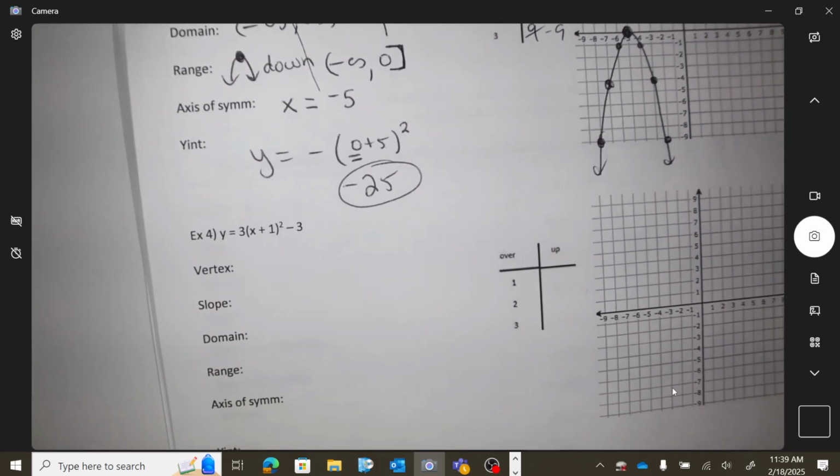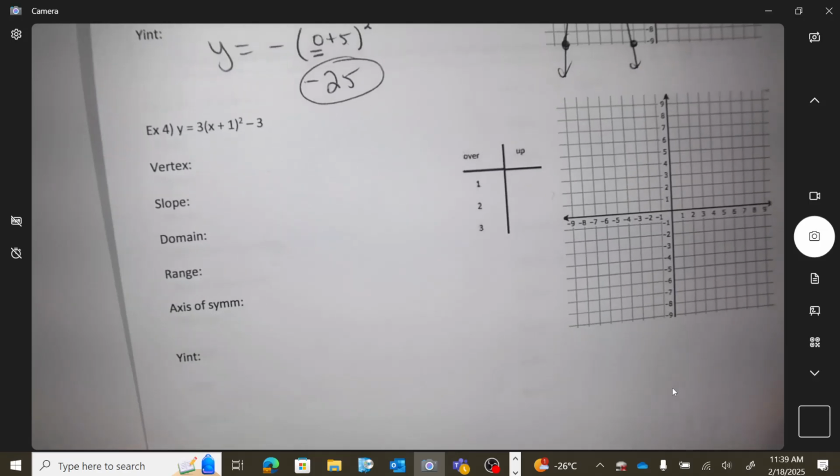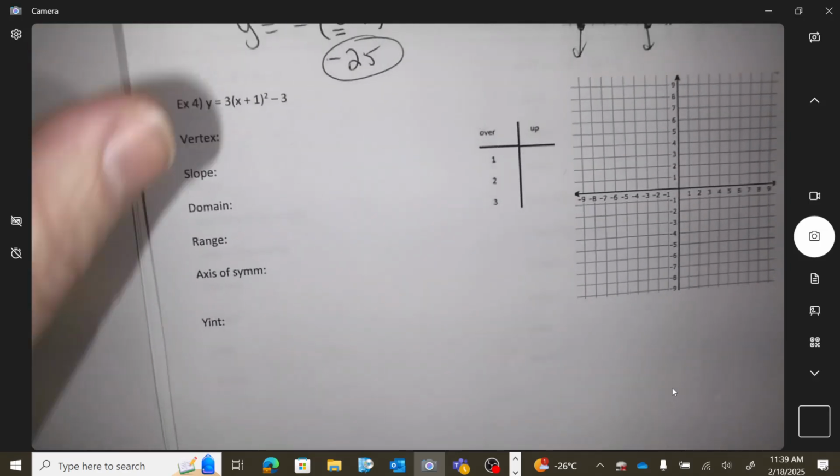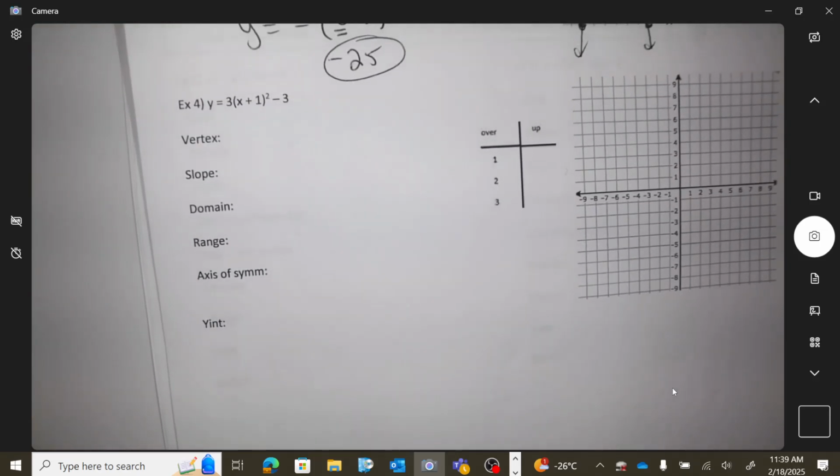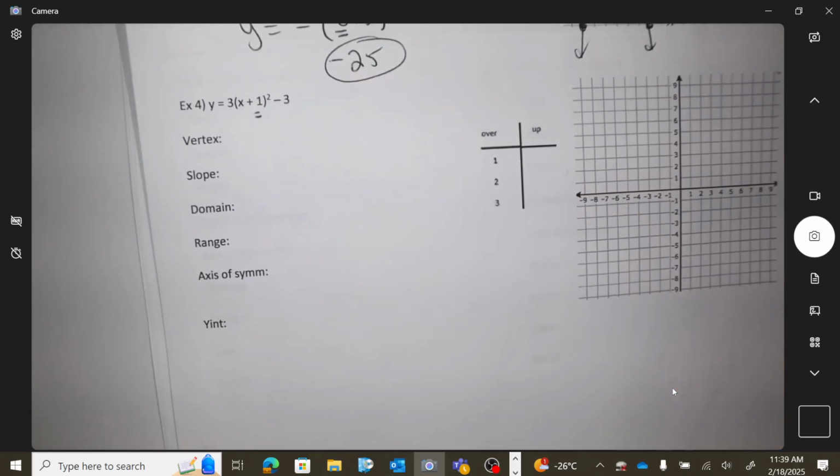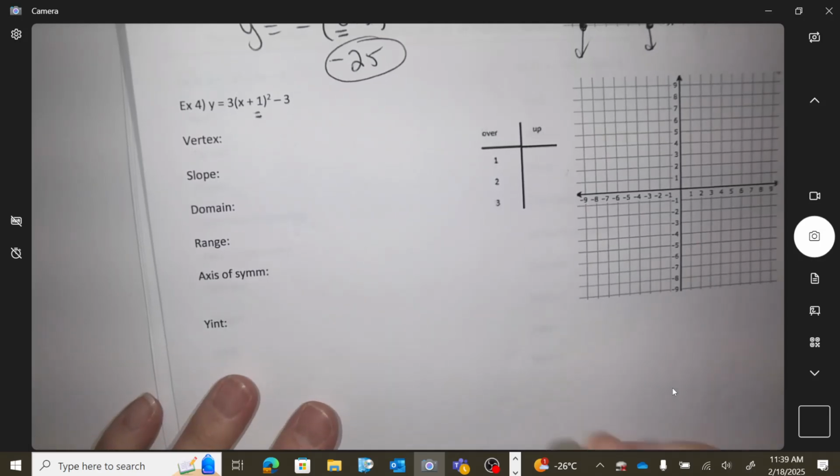Okay, last one. Okay, vertex. I need you to figure out what kind of number you have inside the bracket. So this is where my eyes are. Inside the bracket.